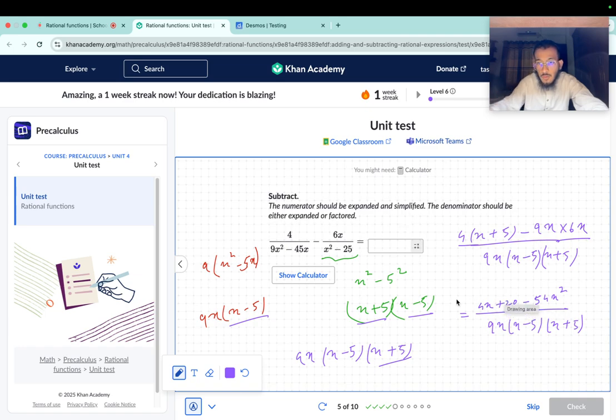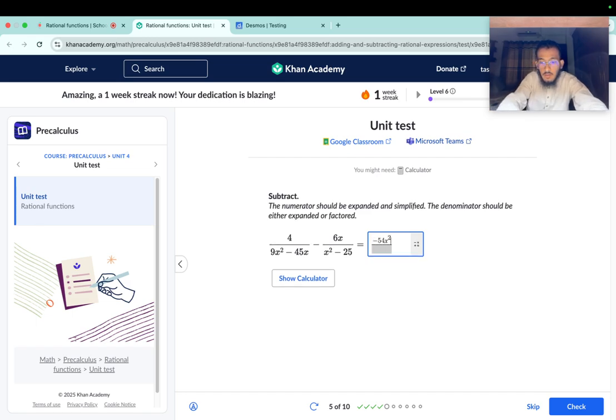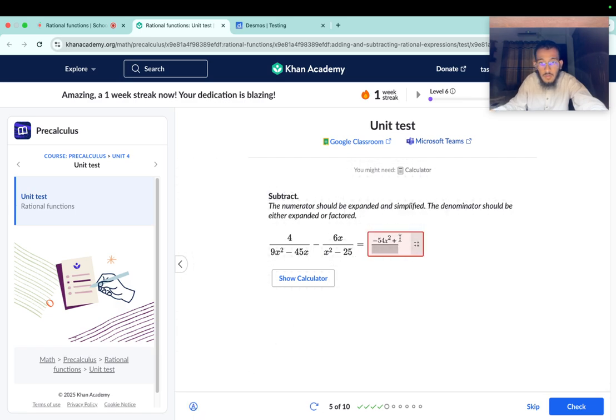Negative 54x squared, positive 4x, positive 20.